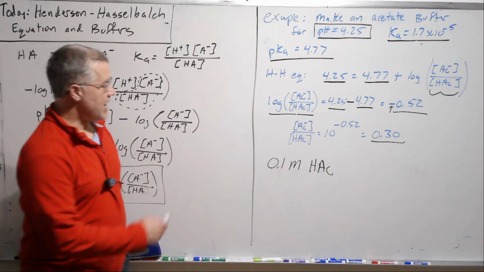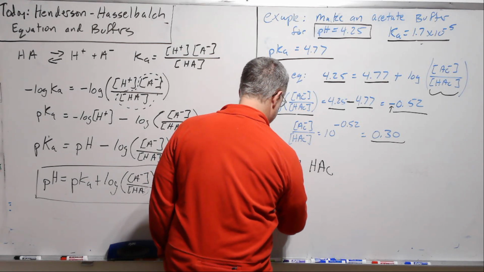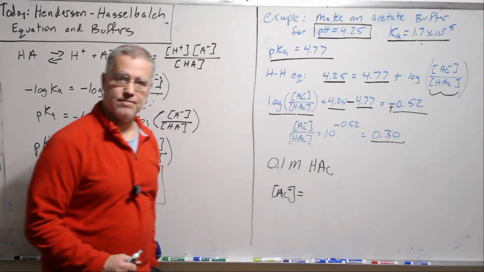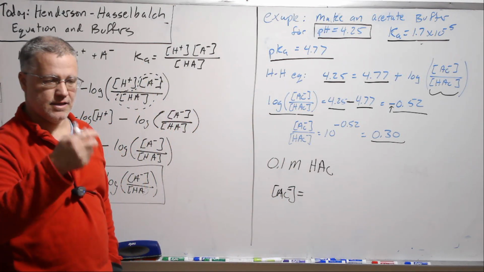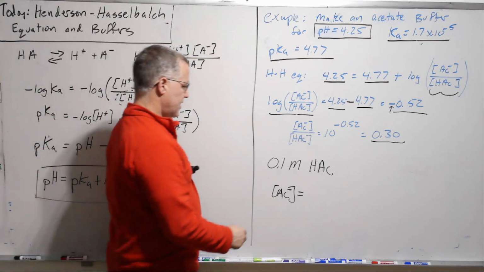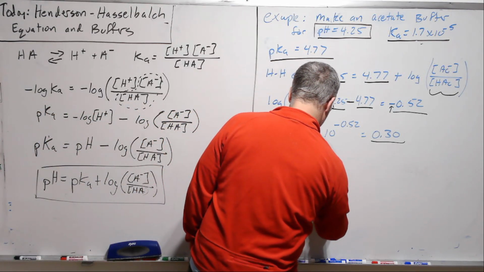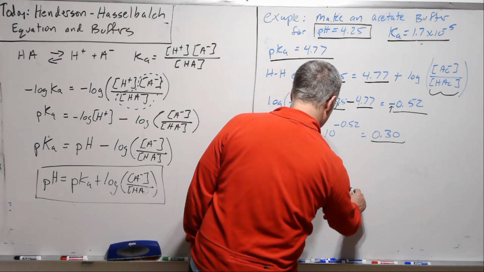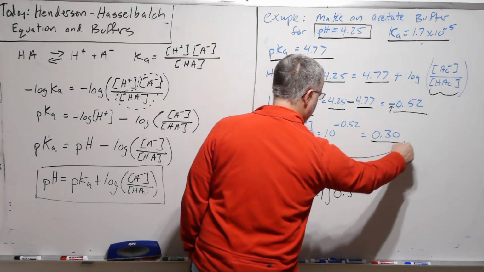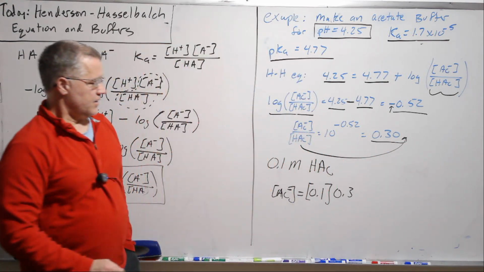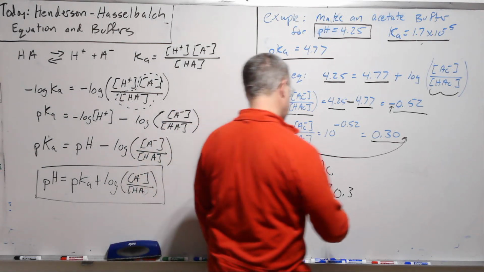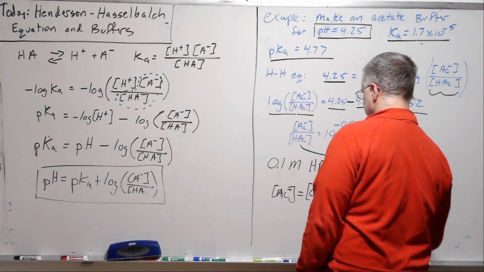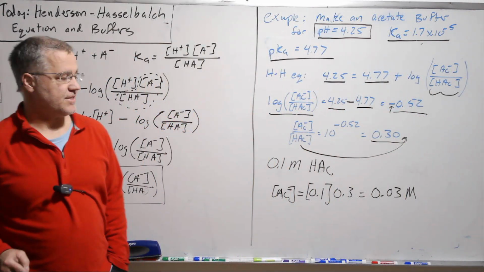Then you would need to make up a solution using sodium acetate, which is a solid, off the shelf, and you need to make a solution that is 0.1 times the 0.3, because we would bring this over to this side, which would be 0.03 molar sodium acetate.